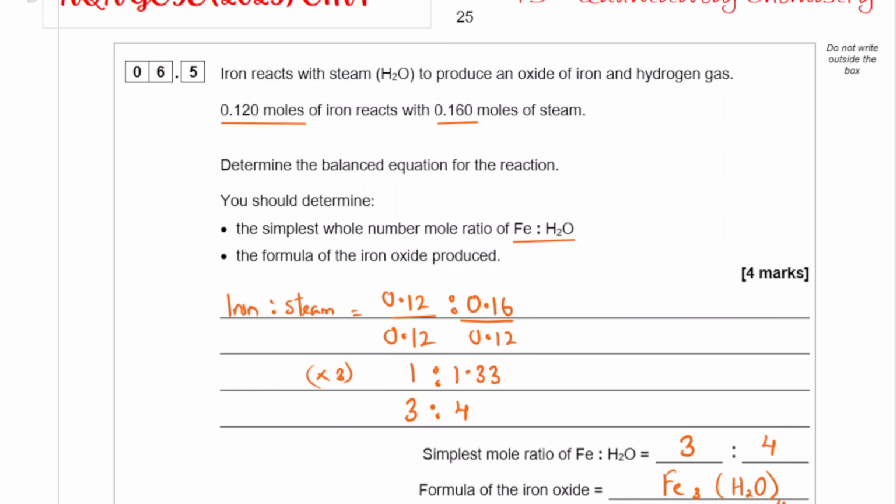Formula of iron oxide. We get rid of this. Formula for iron oxide, Fe3O4.